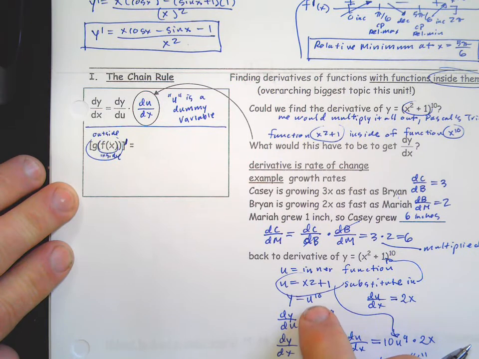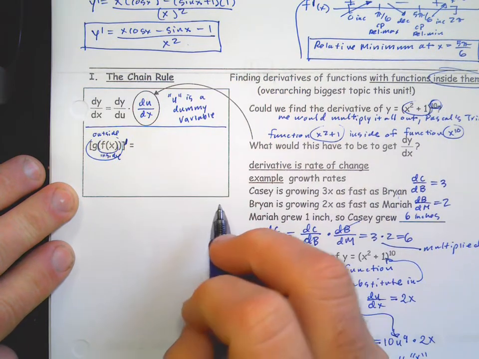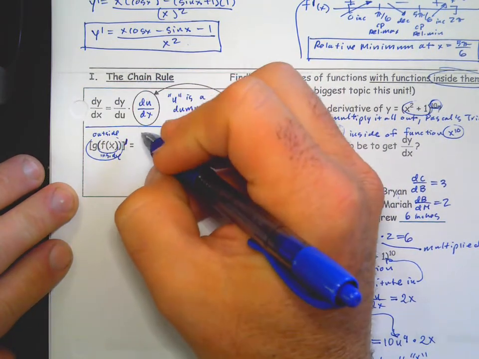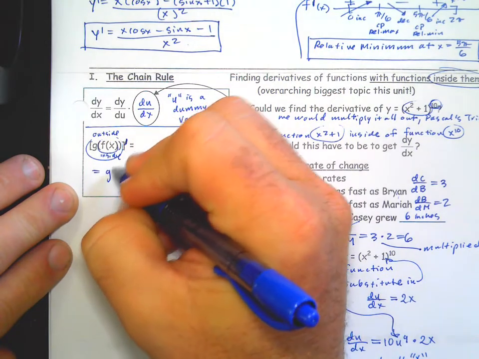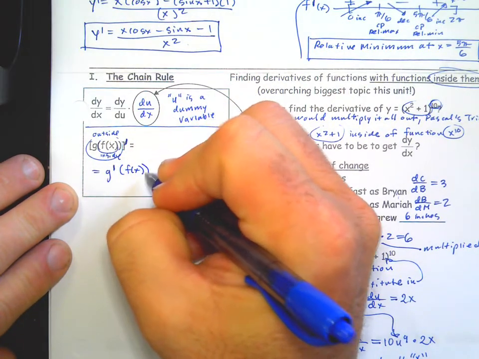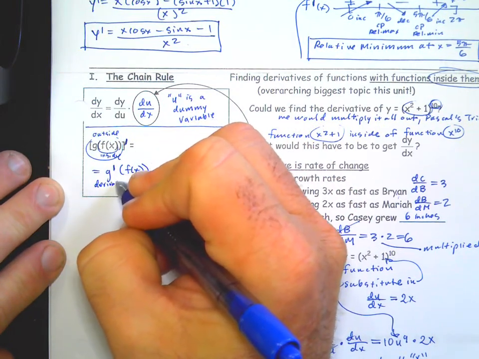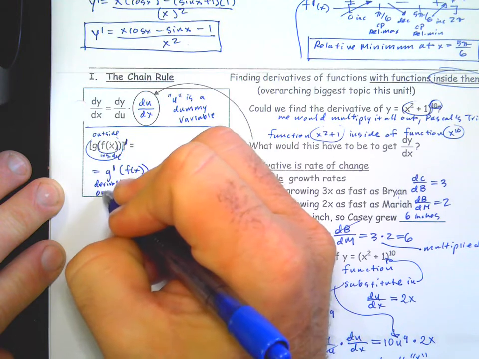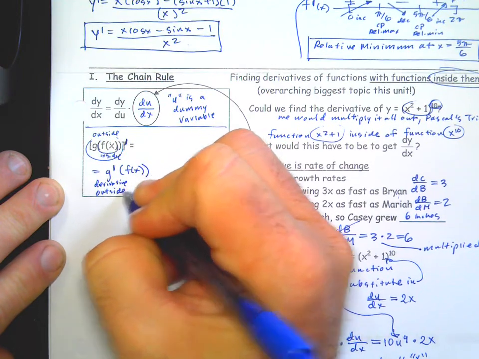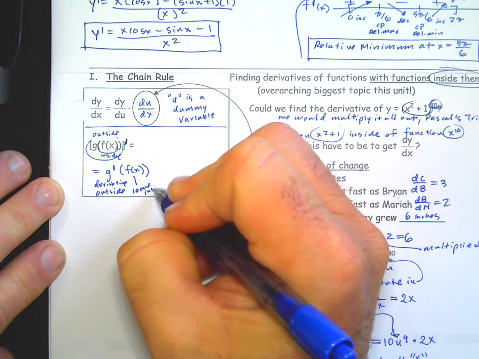We took the derivative of the outside power first. So that's what we're going to do: take the derivative of the outside function and leave the inside function the same. So derivative of the outside, leave inside the same.